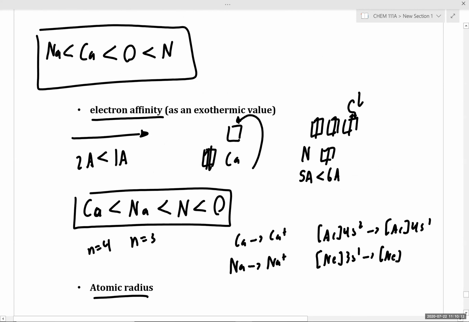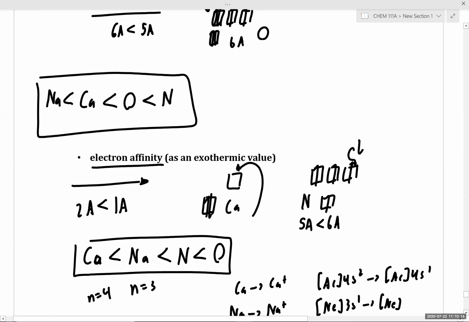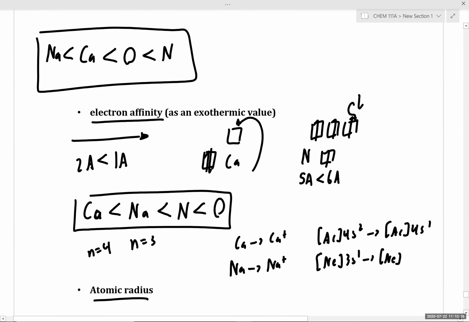So to answer your question in terms of ionization energy, even though typically we'd expect the n equals 4 calcium to have a lower ionization energy, because when we ionize sodium we're generating a noble gas configuration, it is especially easy.